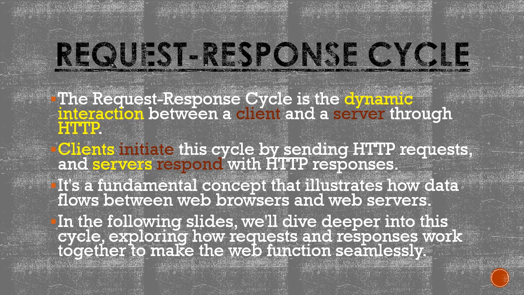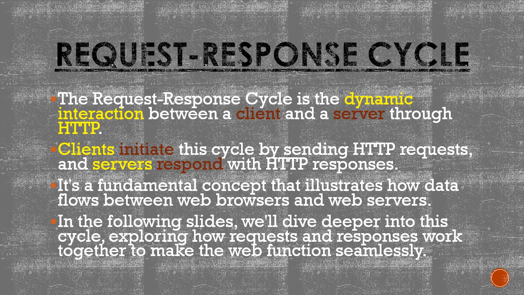Now, as we have discussed, the cycle starts with the client, which always initiates the HTTP request. These clients are usually in the form of web browsers, acting on behalf of the user as user agents. In response to these requests, the server generates and sends HTTP responses back to the clients.